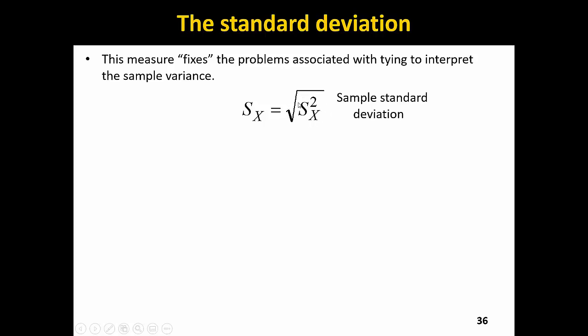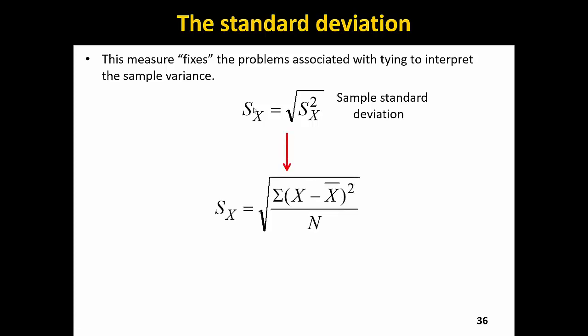So whenever we have this operation, the square root symbol and the square value here cancel each other out. So we're just left with s sub x. And so this is our formula for the sample standard deviation, which is going to be the unit of variability to which all of the subsequent statistics are based upon.